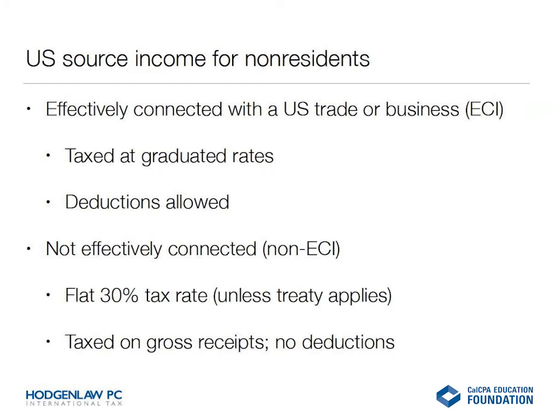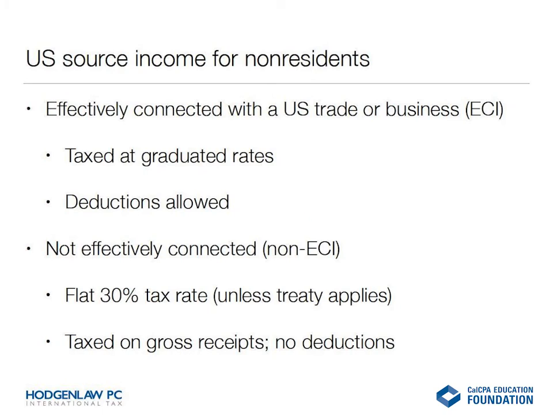So if you have someone who's a non-resident for a portion of the year, these are the places where you're going to be reporting the non-resident period income: on the 1040-NR page 1 for effectively connected, and Schedule NEC for not effectively connected income.